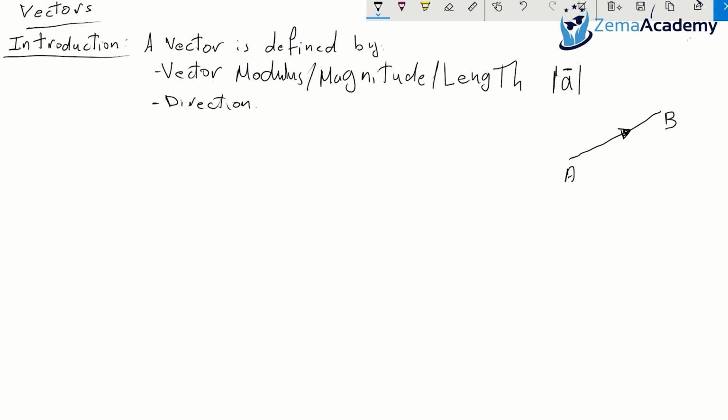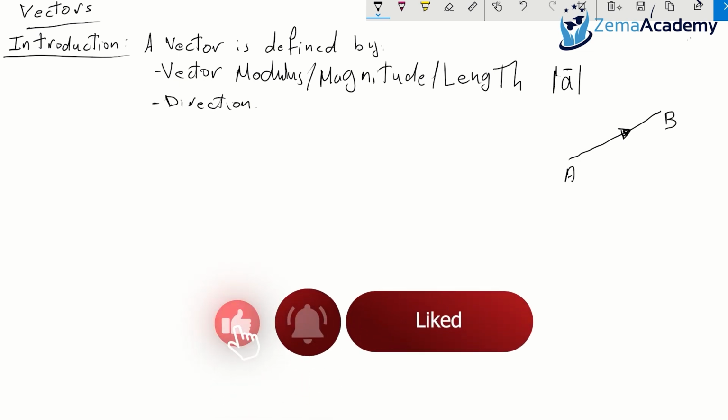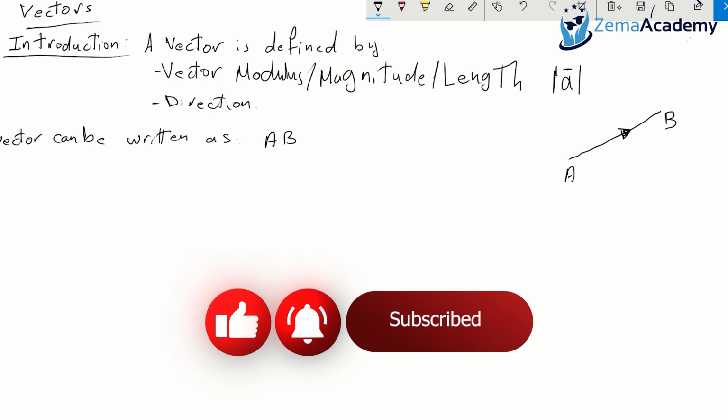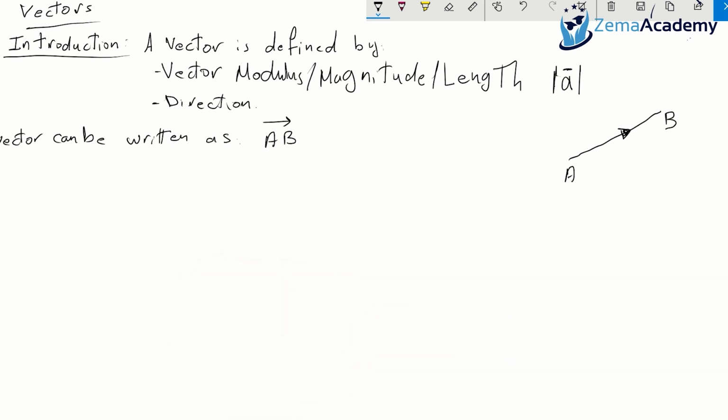Now, a vector can be written as AB with an arrow on the top, or some people write A with a line on top of it, to differentiate it from a letter. So we put a line at the top, A dash or A bar. This is a vector.